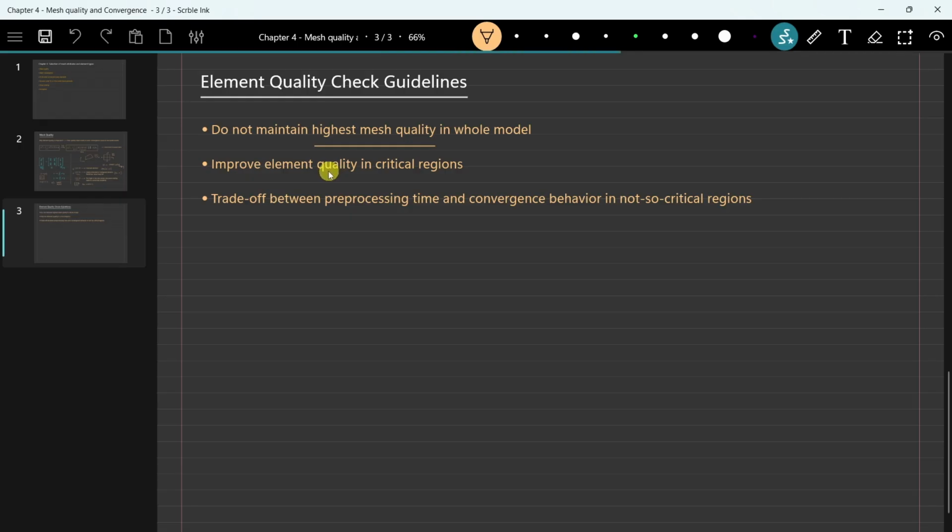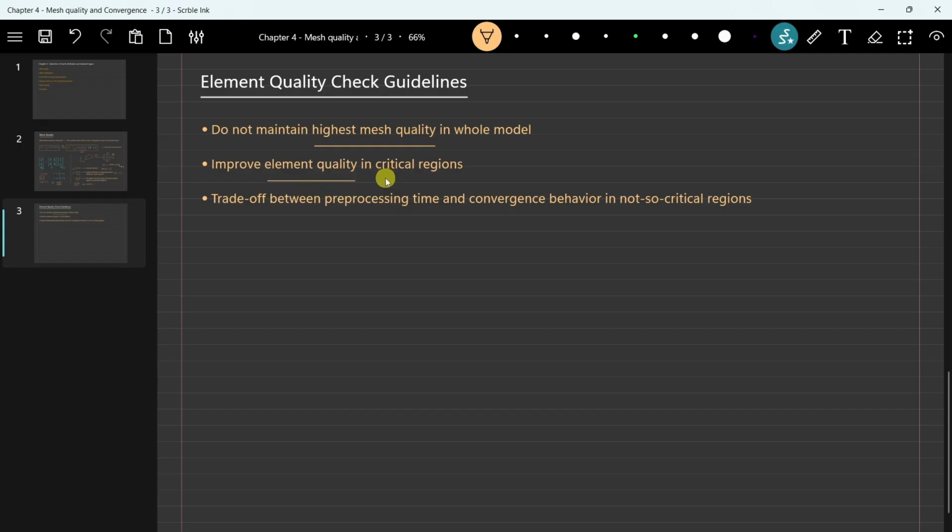That might not be necessary. So first, when you want to do a first cut analysis, try to maintain a moderate quality mesh and perform the analysis. Then based on results, anyway we are going to improve the mesh quality in a critical region. So that is sufficient.